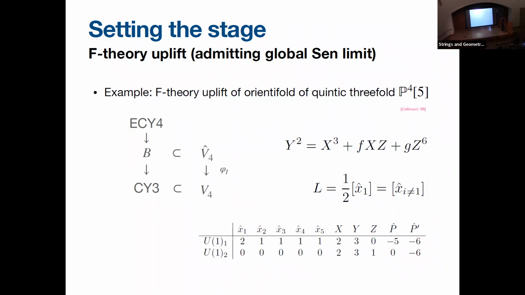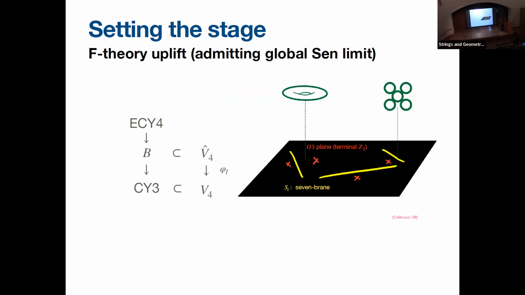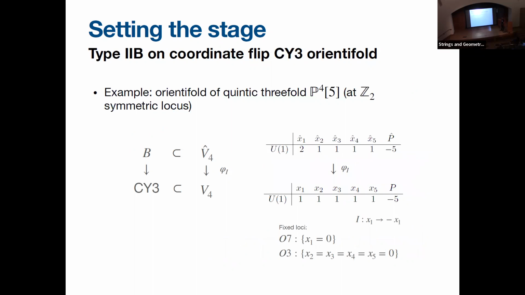There's a Weierstrass model, and then the base should be thought of as a hypersurface of the weighted projective space, defining the orientifold quintic that I discussed back here.